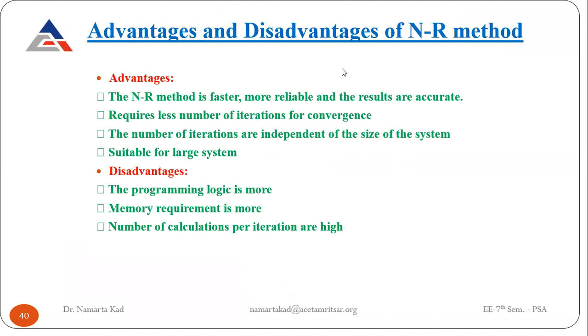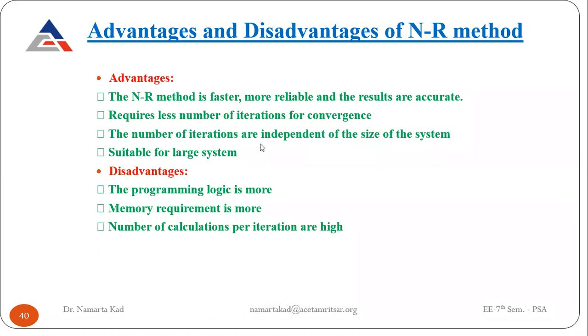So some of the advantages and disadvantages of the Newton-Raphson method are, advantages like the Newton-Raphson method is a faster method, more reliable, and the results are accurate. It requires fewer iterations for convergence. That means the convergence is achieved earlier as compared to the Gauss-Seidel method.